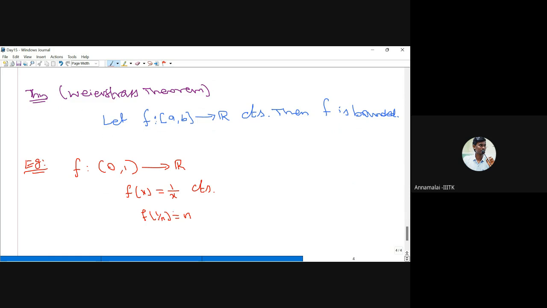So n is increasing, therefore we cannot find a unique M. Therefore this is a continuous function but not bounded. So the domain of the function being a closed interval [a, b] is very important. If you remove that condition, the function need not be bounded. Maybe this function is an unbounded function.